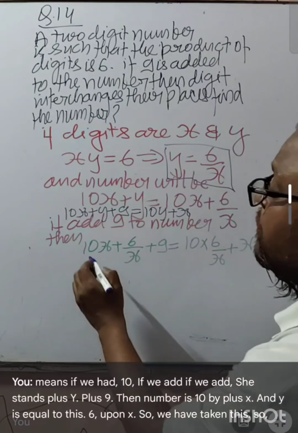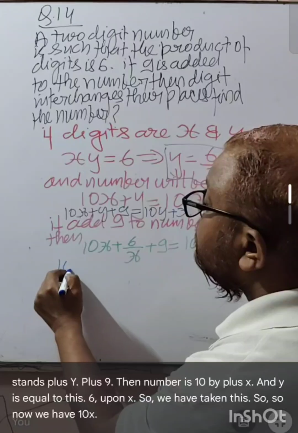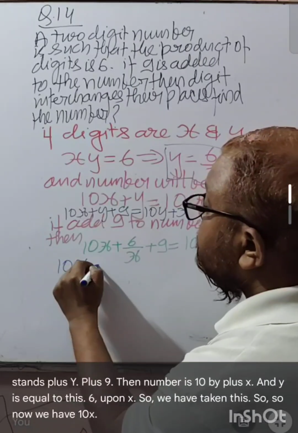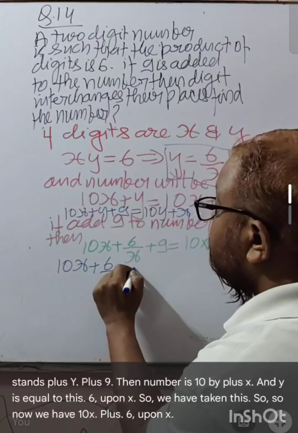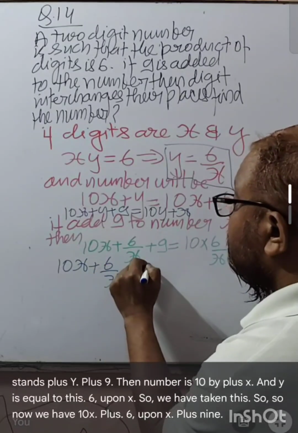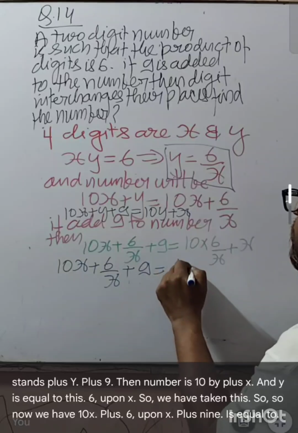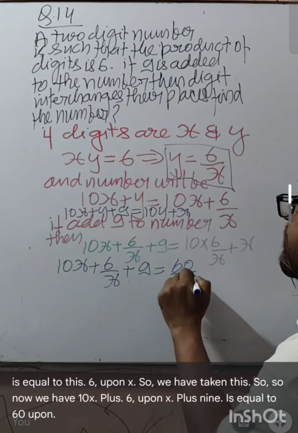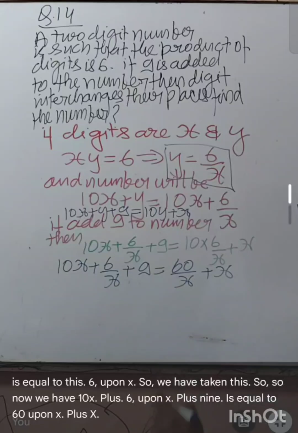So now we have 10x plus 6 upon x plus 9 is equal to 60 upon x plus x, right? Get it? Yes, sir.